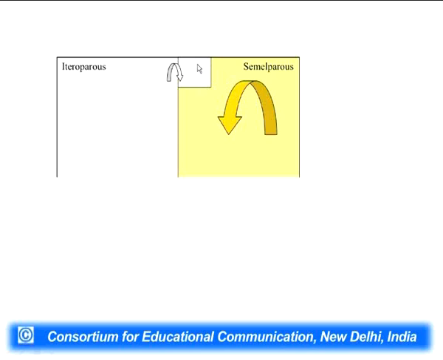So this space which is generated will be competed for by both iteroparous and semelparous plants. However, since semelparous plants have more seeds, they will get the advantage in the competition over iteroparous plants.